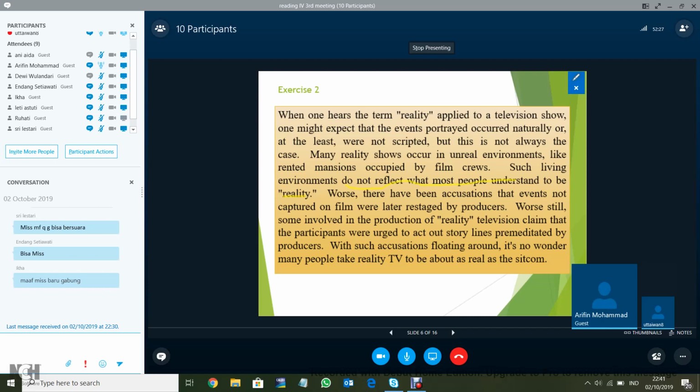Berharap, one might expect. Orang mungkin berharap. Menggambarkan, portrait.